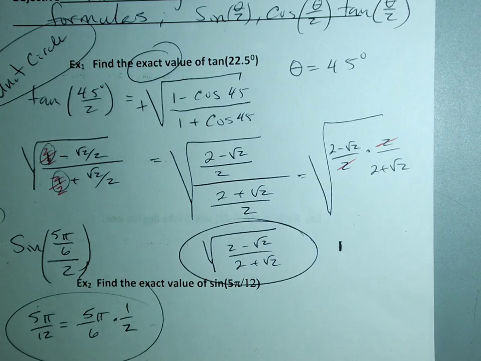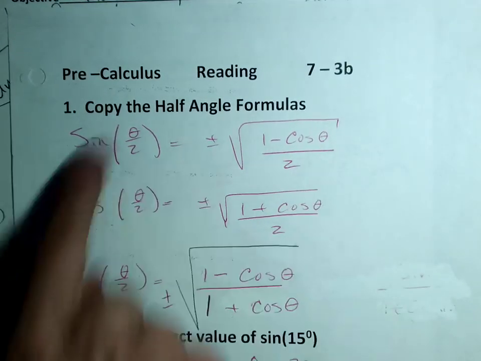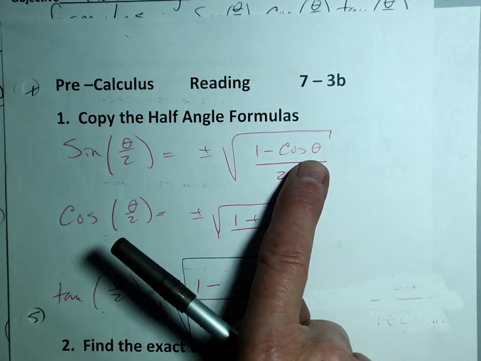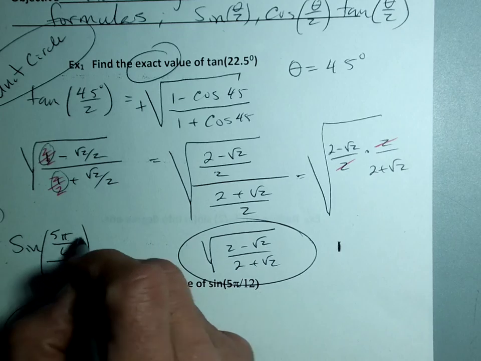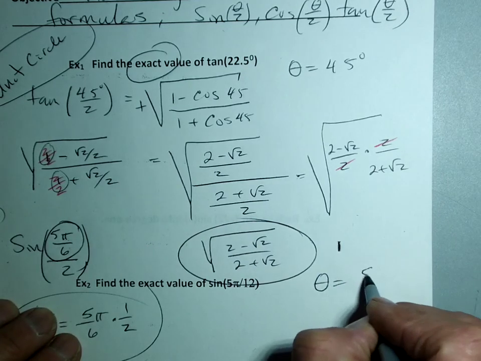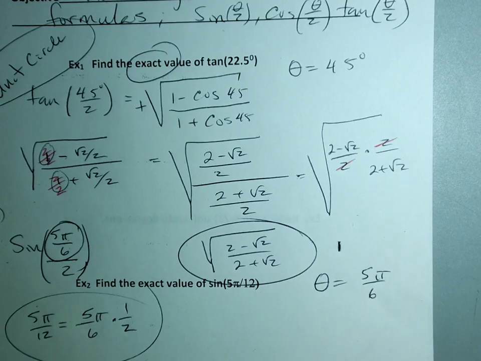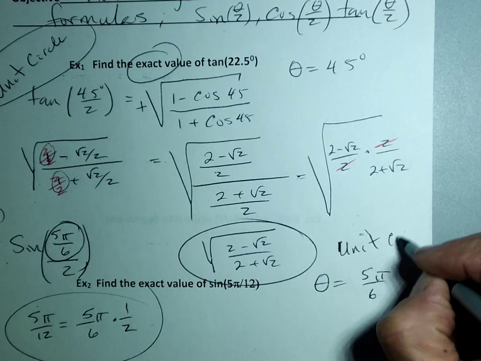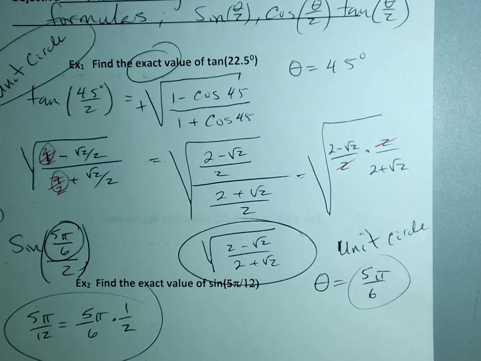Well, what we've got to do now is use a formula. So we're going to use this formula here, and in the formula I've got just theta, not half theta, but theta. So for us, the angle we want to use is 5 pi 6. So theta is 5 pi 6, which we have on the unit circle. That's a unit circle angle, so I'm going to use that in my formula.